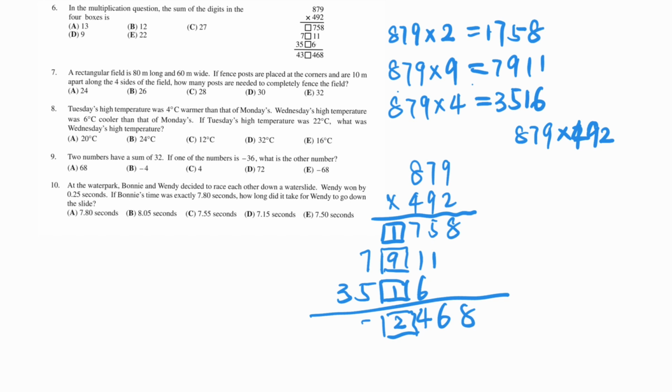And 3, 4. So 4, 3, 2, 4, 6, 8. So add the box numbers together, 1 plus 9 plus 1 plus 2. That's 13. The answer is A.